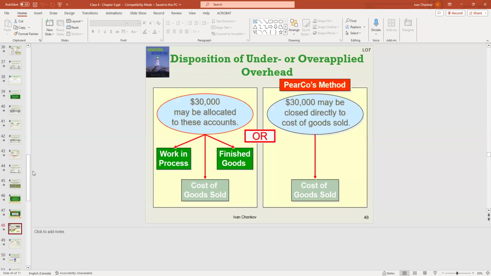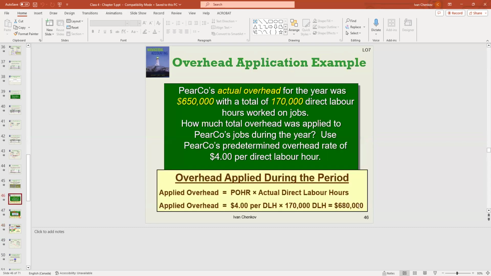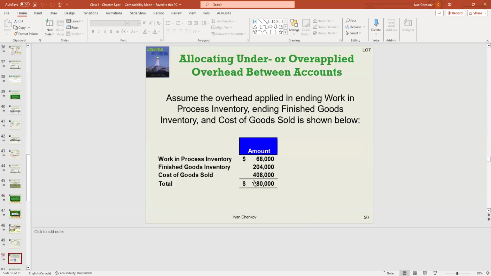Remember, the 680 is how much we applied here. From this 680, we have 68,000 sitting in work in process, 204 sitting in finished goods, and 408 already sold.